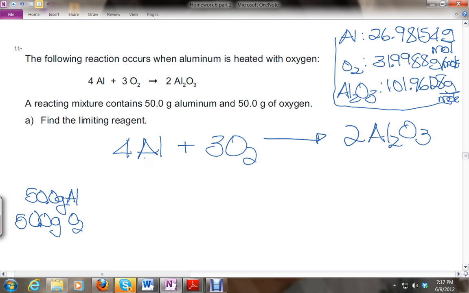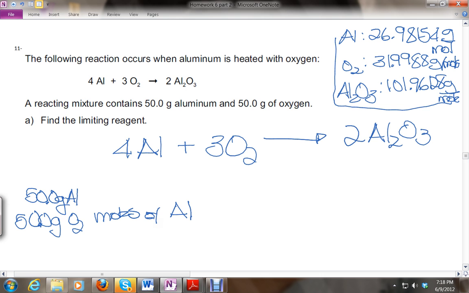So okay, what do we need to do first? Again, they're giving us the grams and grams. We need to convert both to moles so we can have this in moles and compare it, okay? So let's calculate the moles of aluminum first. The one on the left.